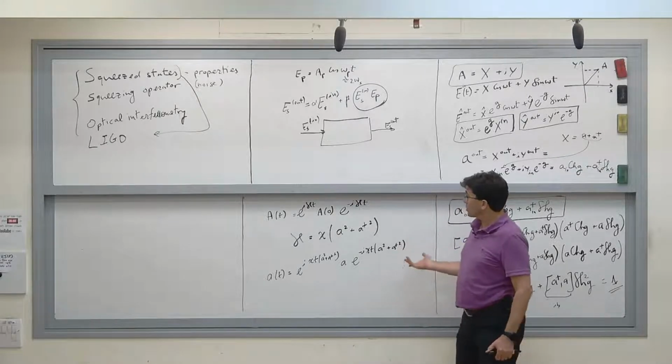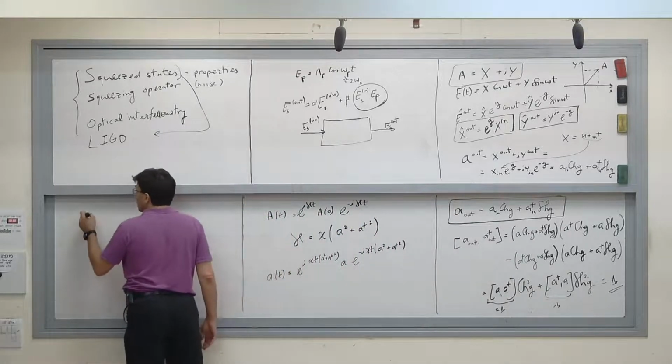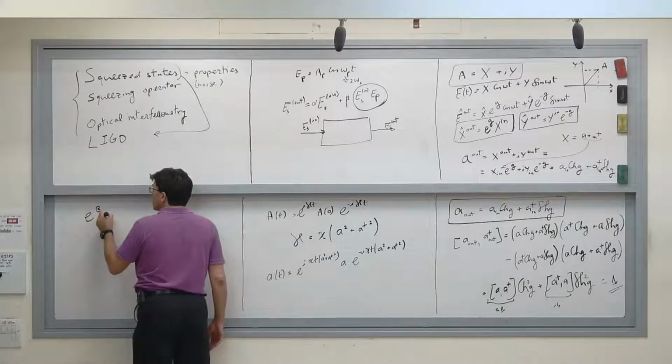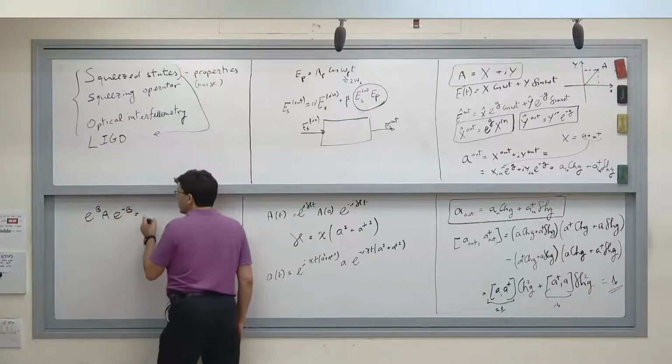Now we use a very useful lemma that says the following. e to the B times A times e to the minus B equals what?